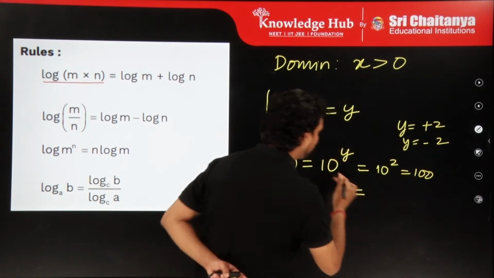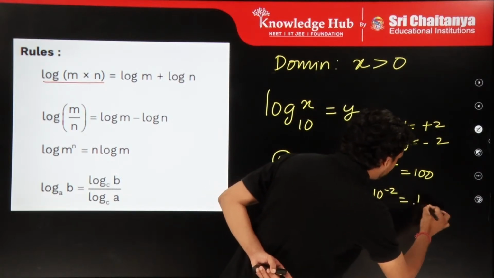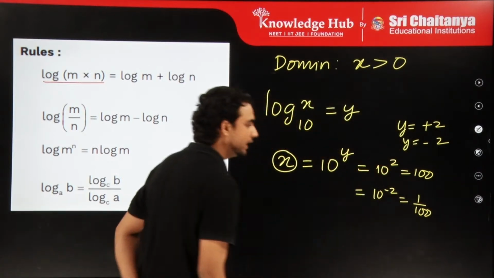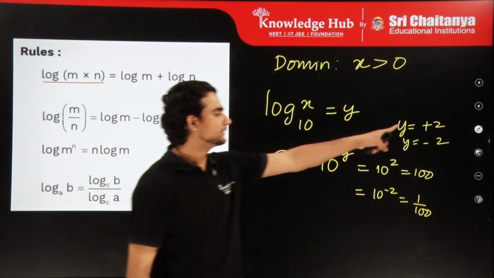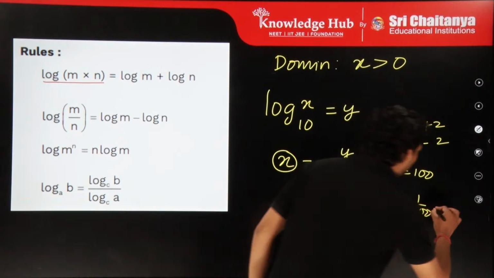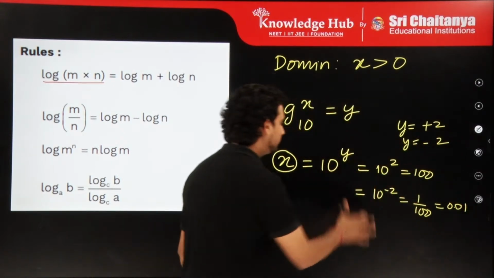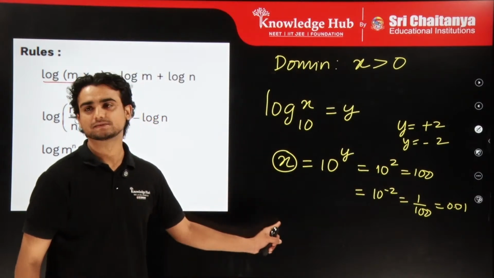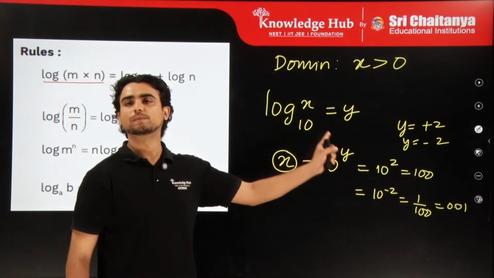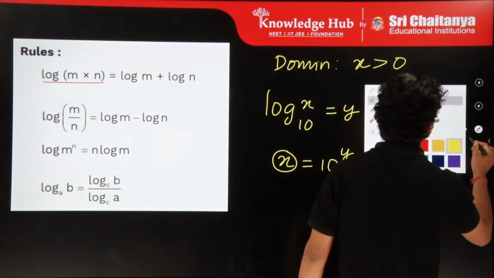But if I take y as some negative number, minus 2, I'll get 10 raised to minus 2 is equal to 1 upon 100, that is 0.01. So even if y is positive or negative, I'll get a positive value only. I can never get a negative value of x. So the domain of a log function is always x greater than 0.